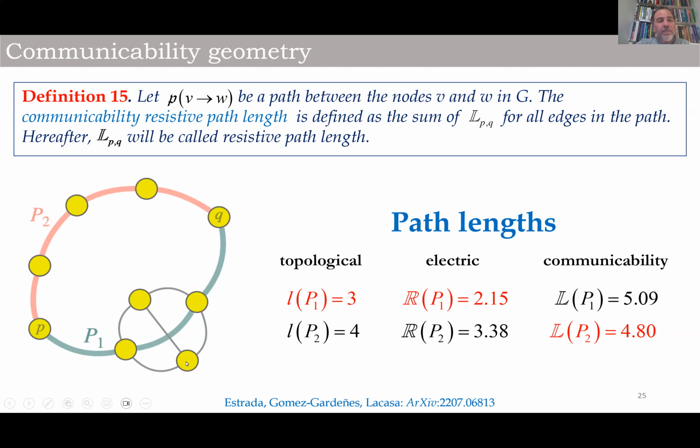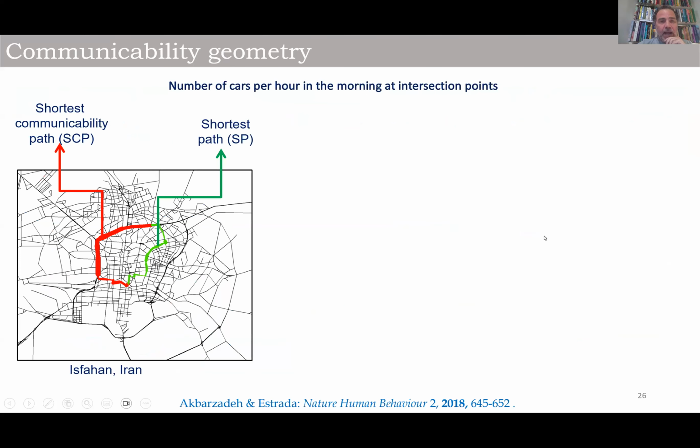You end up here, but you are not returning, but you have 1/2 probability of going to any of these two vertices. So you can end up at your initial state, and you have not repeated any edge at all. However, in the other path, if you are not returning, you go ballistically from P to Q. So this means that this communicability shortest path is capturing the way in which diffusive particles are navigating these networks.